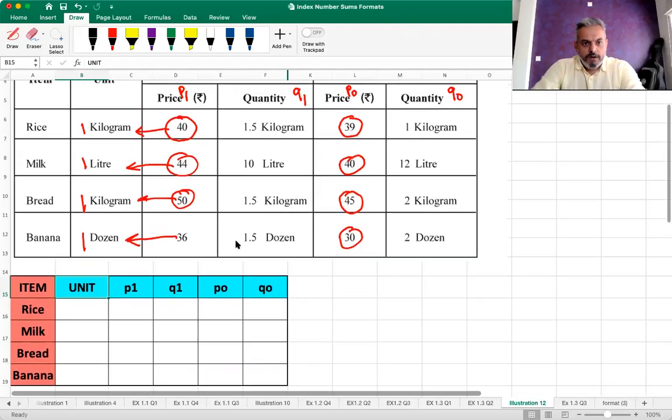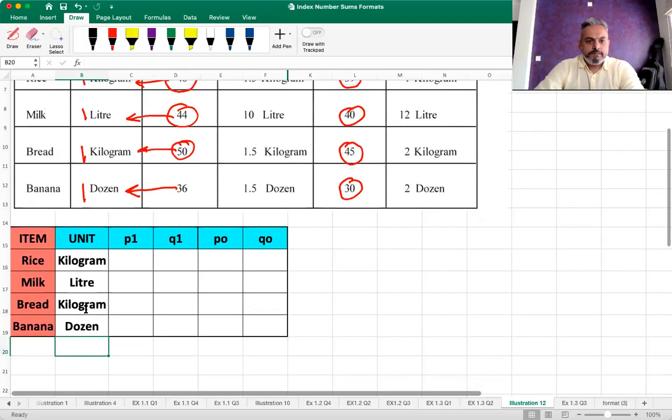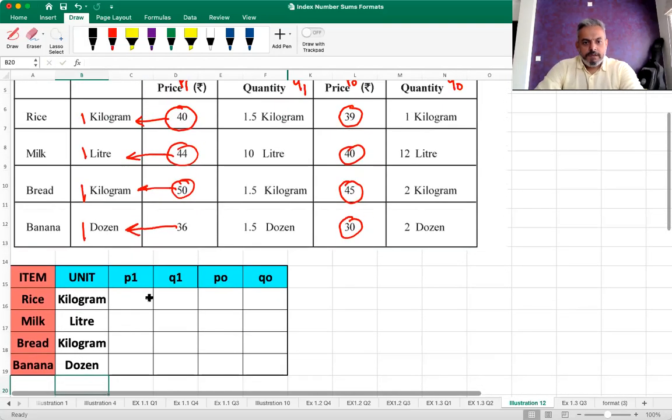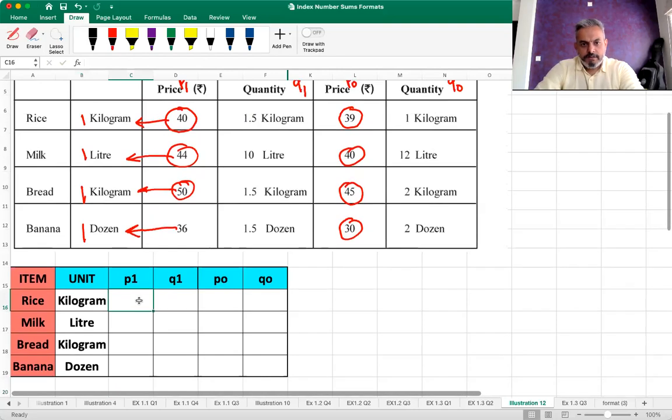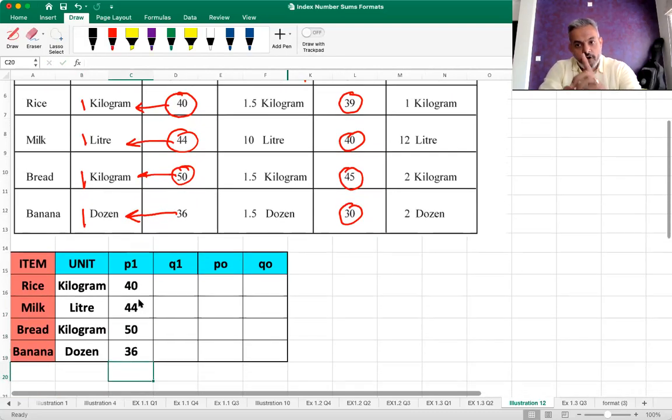Now, let's write the unit. Kilogram, liter, kilogram, dozen. Then P1. So 40, 44, 50, 36. Don't copy from the textbook, there the format is different. Okay.